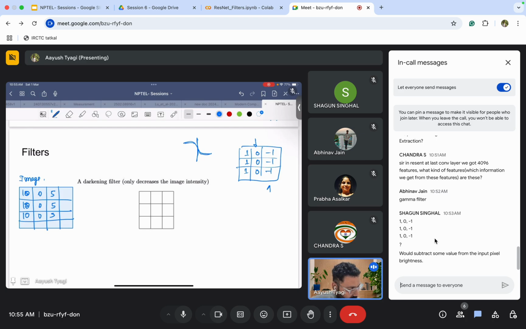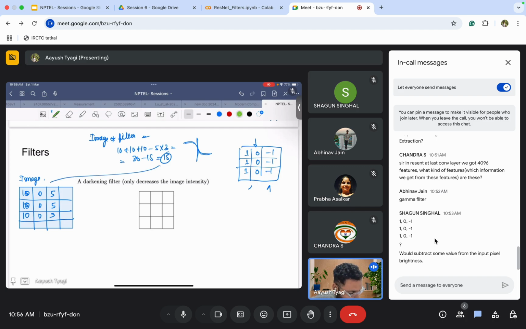Then if we convolve this, the result will be 10 plus 10 plus 10 minus 15, right? 5 into 3. So 30 minus 15 is 15. So this goes here.